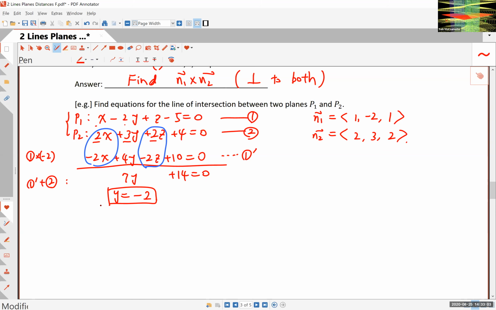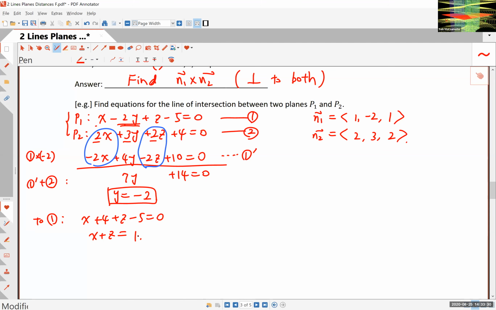Now you can plug this back into one of them, so let's say back into equation one, and it'll tell you x minus 2 times -2. So this part will be plus 4, plus z minus 5 is equal to 0. What is it saying? x plus z is equal to 1. Okay, so that's what we just found out.